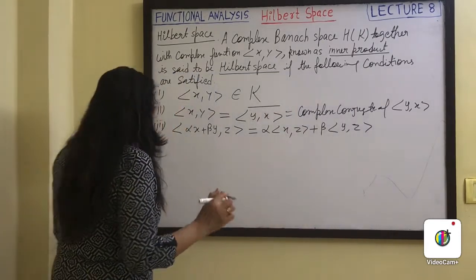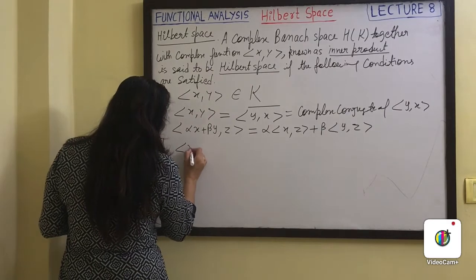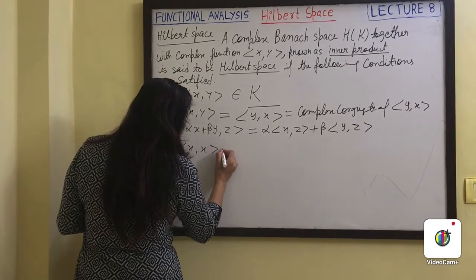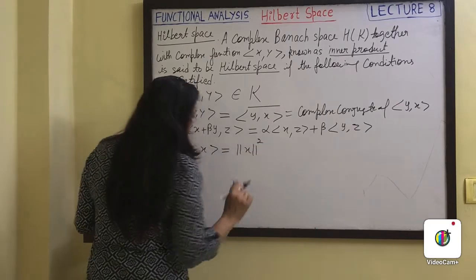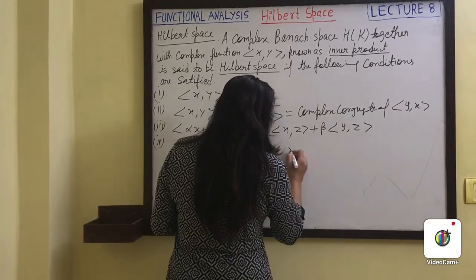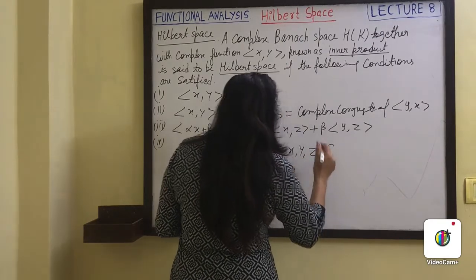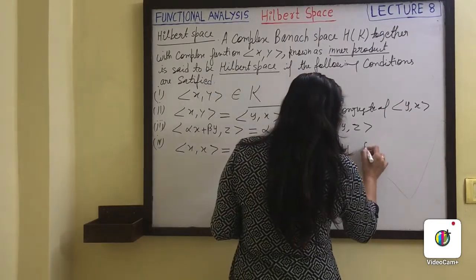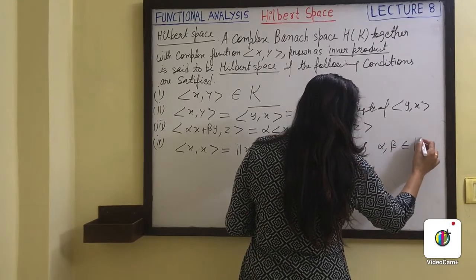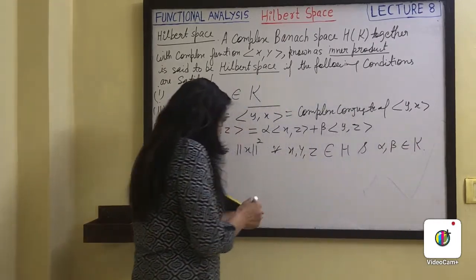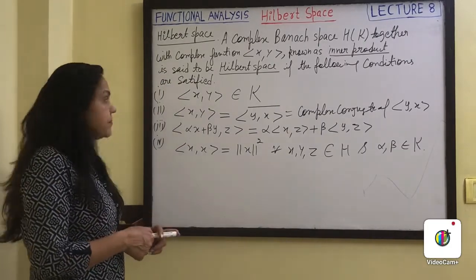Now the fourth property, inner product of x comma x is equal to norm of x square, for all x, y, z belonging to H and alpha, beta belonging to K. Okay, so these are the necessary conditions for Hilbert space.